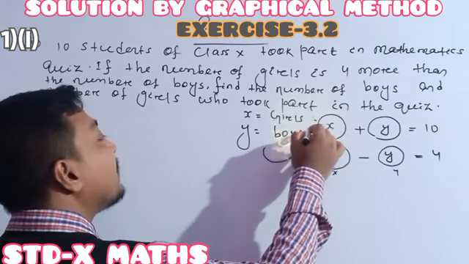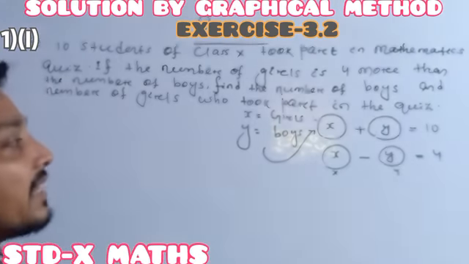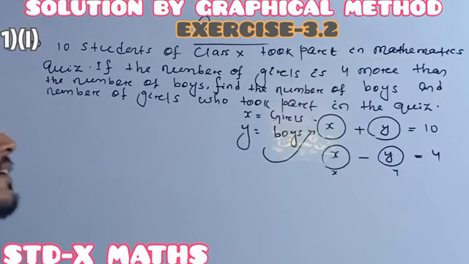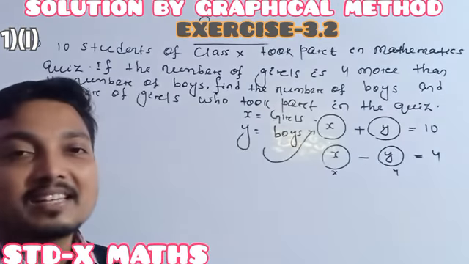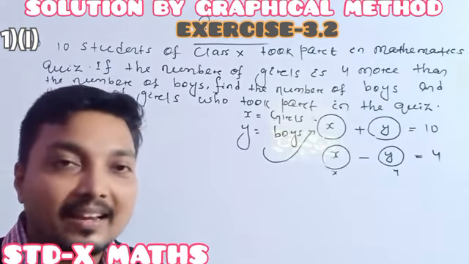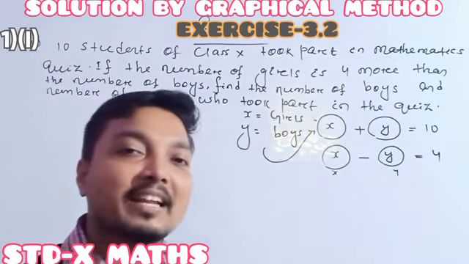Then the equations become x plus y is 10 and x minus y is 4. So first we have to check whether the graphical representation will be intersecting, coincident, or parallel.